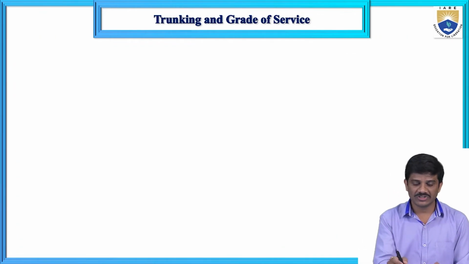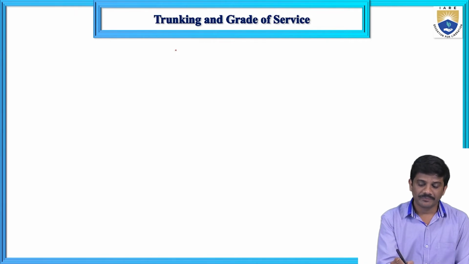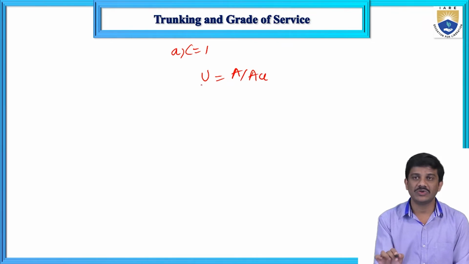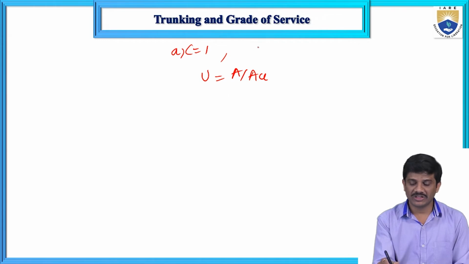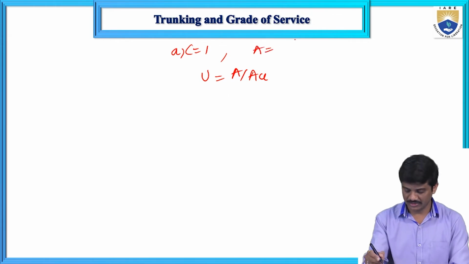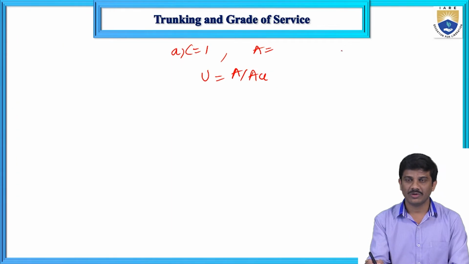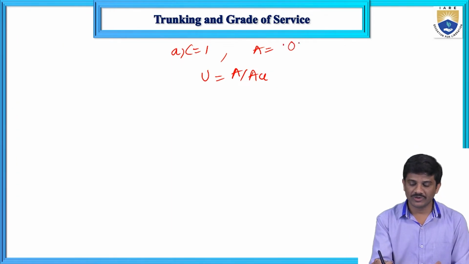First, they gave C equal to 1. What is the formula actually? U equal to A by AU. That is, users equal to A by AU. When we find the A value from the Erlang B table, it is 0.0050, and in the question they gave AU equal to 0.1 Erlangs.